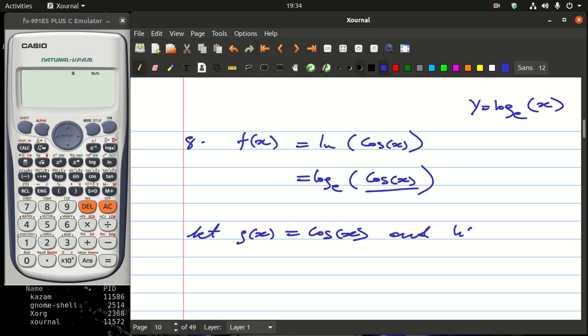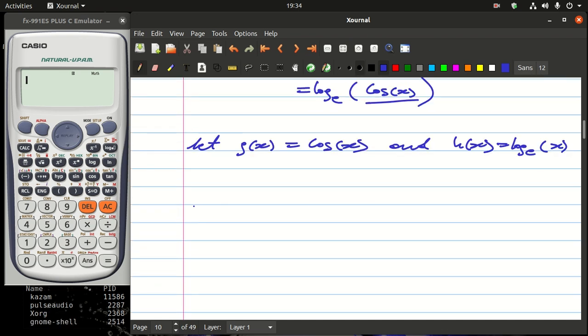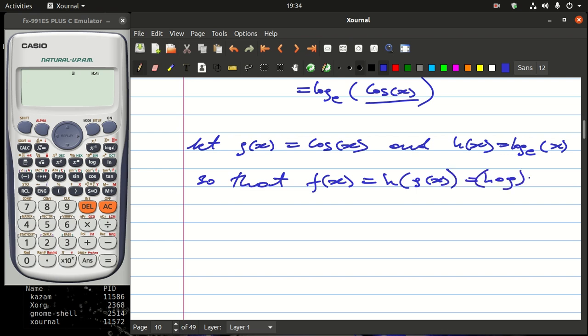And our h of x is going to be log e, and then the function that is sitting inside, we replace it by x. Why are we doing that? We do that so that our f of x is going to be equal to h of g of x, or just the composite of x.